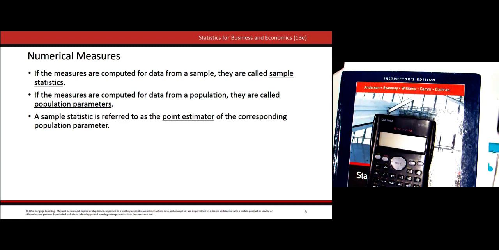For example, you can calculate the sample mean to estimate the population mean. In that case, a sample statistic is referred to as the point estimator of the corresponding population parameter. So if you calculate the sample mean to estimate the population mean, then the sample mean is the point estimator of the population mean.